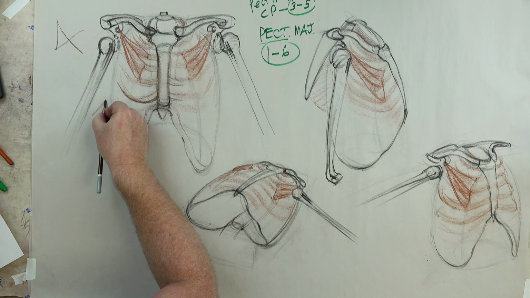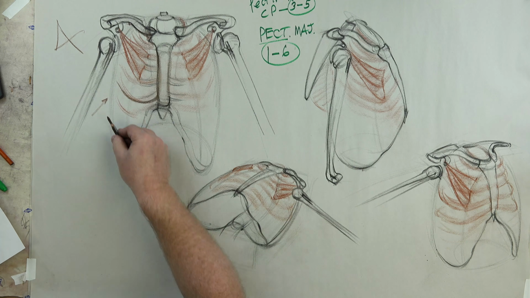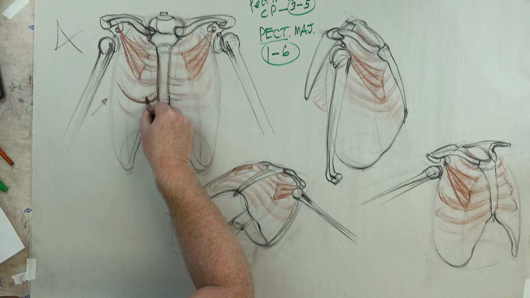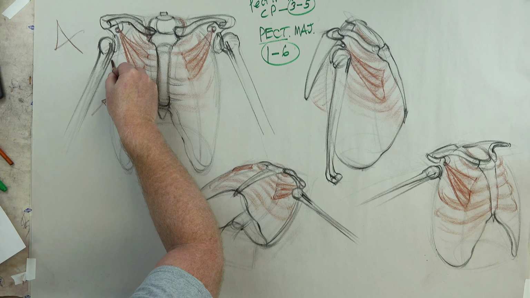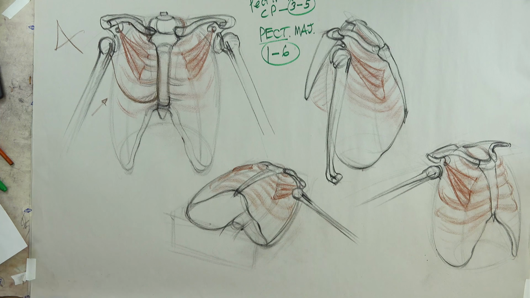So we can actually see up inside, and you can see the serratus anterior later on through there, but it comes up in through here, okay, and attaches up and over and higher up through here into the outside of that grooved area.